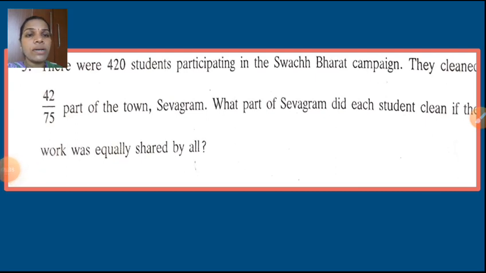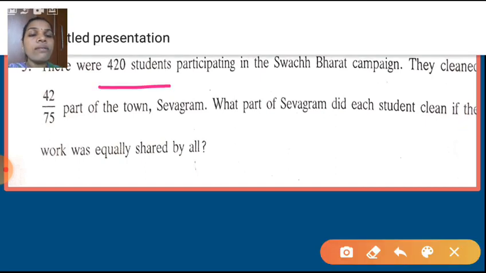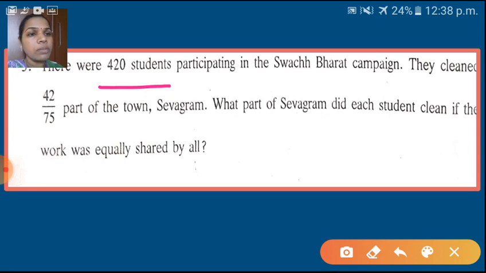So children, next one is a word problem. There were 420 students participating in the Swachh Bharat campaign. They cleaned 42 upon 75 part of the town Sevagram. What part of Sevagram did each student clean if the work was equally shared by all?